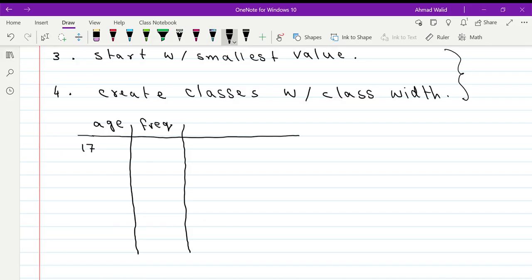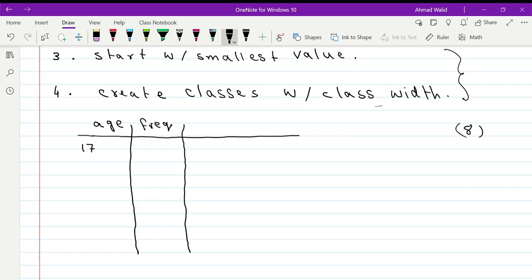They do always mistake in step 4. Then focus here. Focus here how I will create my classes, correct? They told us to create 8 classes, for example. In this example, I want to create 8 classes. How? Create classes with class width.